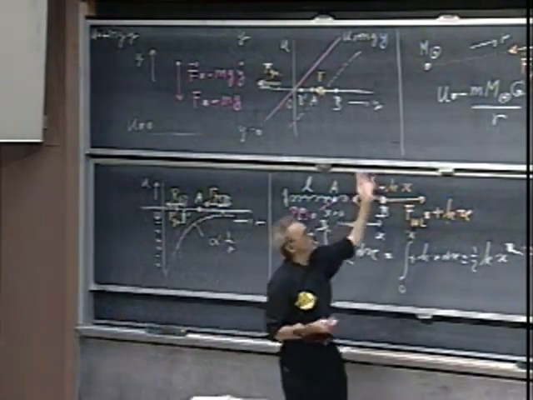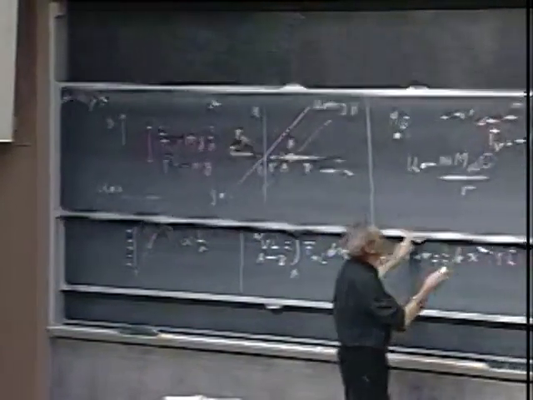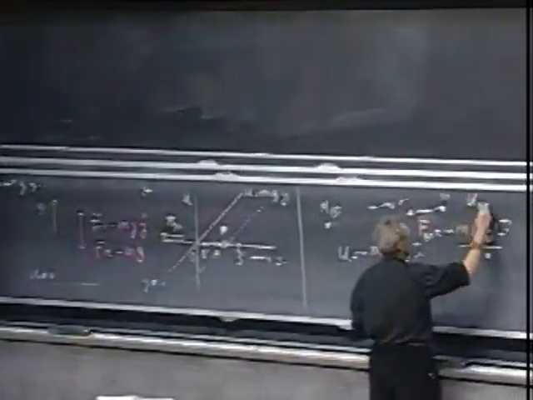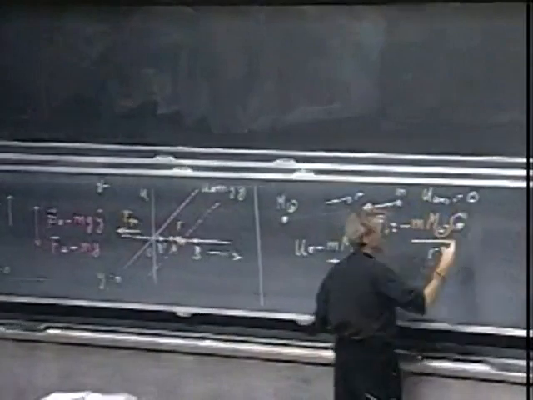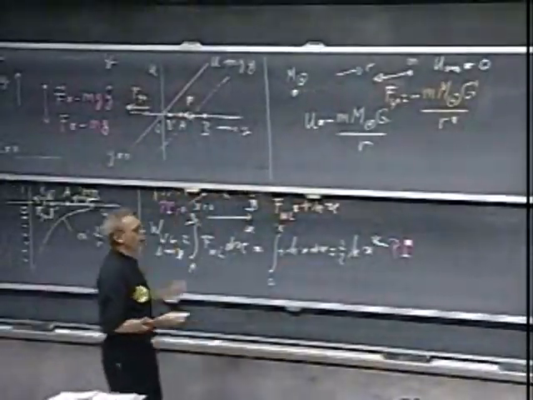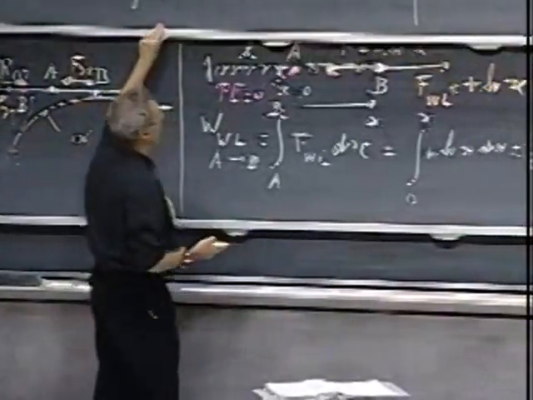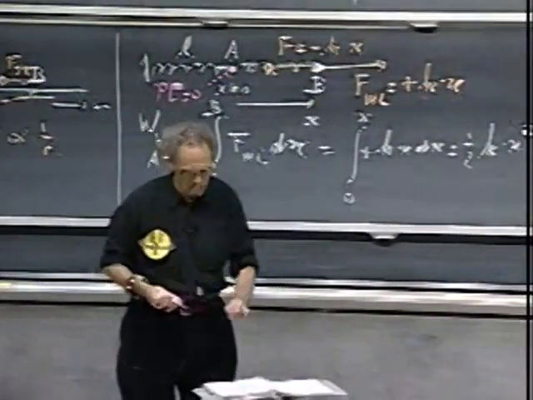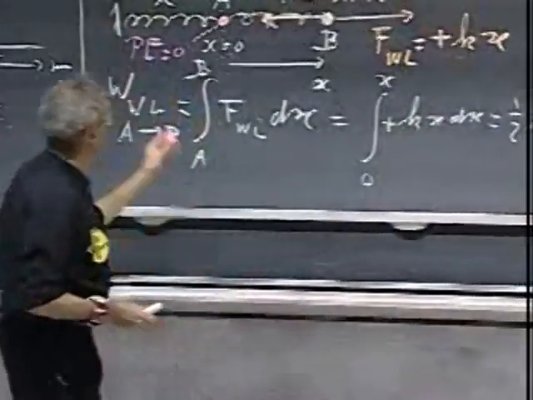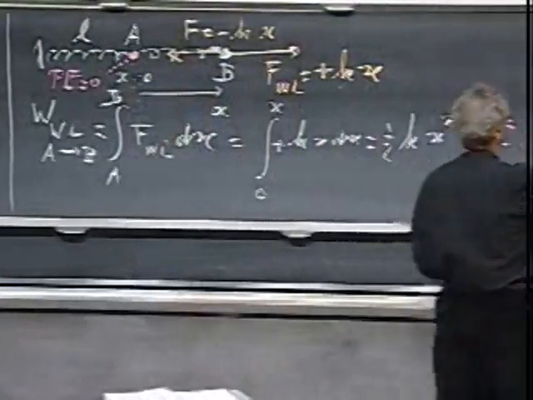In the case that we deal with very large distances, we do not have a choice anymore. We define it such that the potential energy at infinity is 0. As a result, all potential energies are negative. And here, with the spring, you don't have a choice either. You choose potential energy to be 0 at x equals 0.